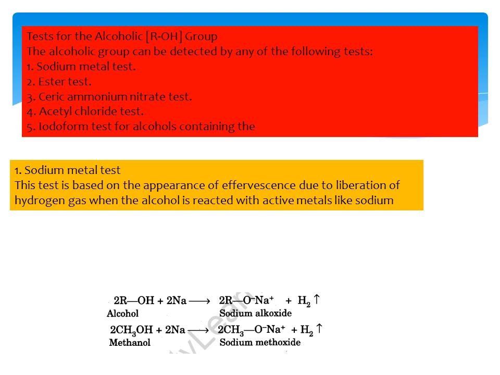Sodium is very reactive and replaces hydrogen from alcohols, forming alkoxide with the elimination of hydrogen gas. That hydrogen gas can be identified by a pop sound when you put a glowing matchstick near the cylinder which carries the hydrogen.